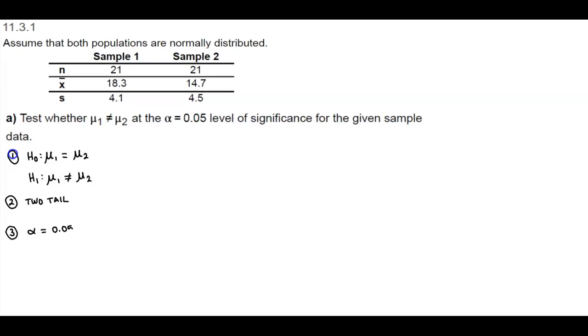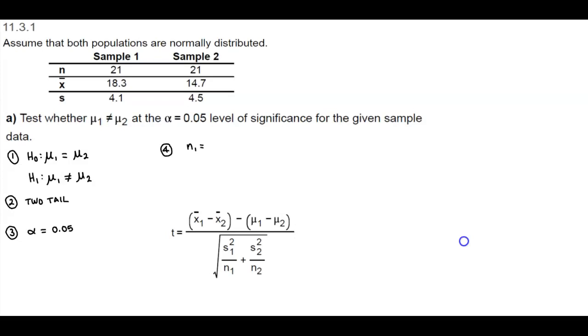Now we want to find the test statistic. So here is the formula for the test statistic. We want to write down the given information for this. We know that the sample size for population 1 is 21. The sample mean for population 1 is 18.3.